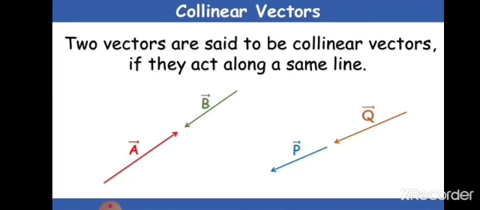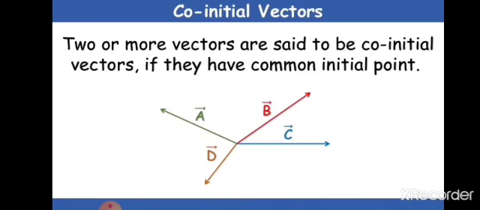Here you can observe vector A and vector B are in the same line. Vector P and vector Q also are in the same line. Their magnitudes may be equal or unequal, but they are drawn along the same line. Such vectors are called collinear vectors.